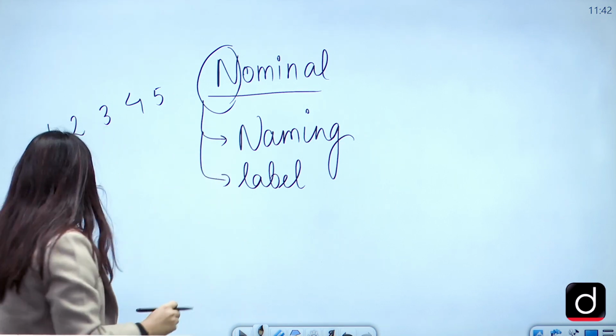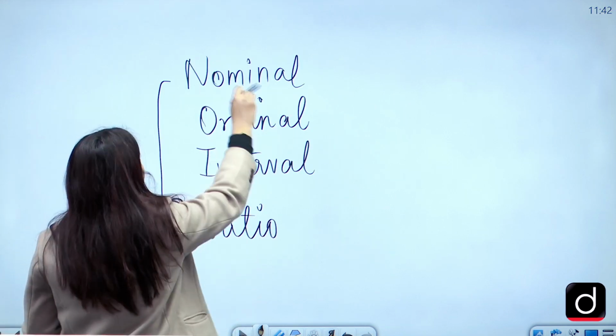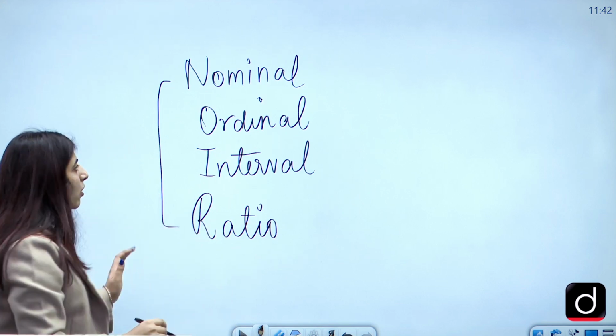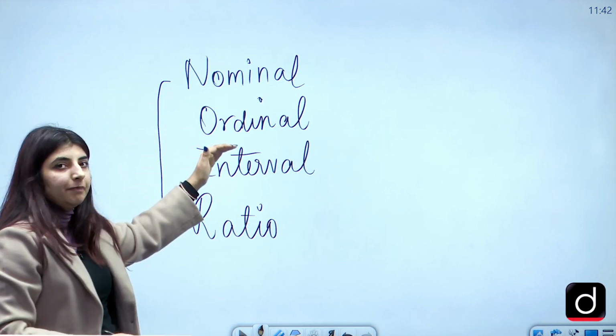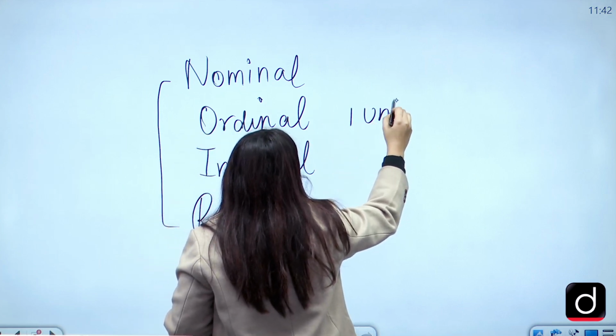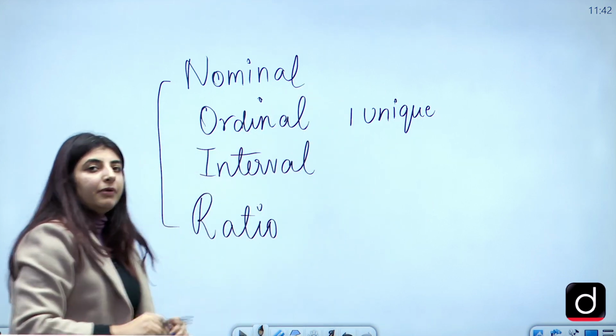Correct? Also, another more thing that I would like to tell you guys is that whenever we will be moving forward, and this is why I say that you are supposed to memorize them in this order only, whenever we will be moving forward from one scale to the other, we will have one unique characteristic of its own, right? Plus the characteristic of a previous scale.